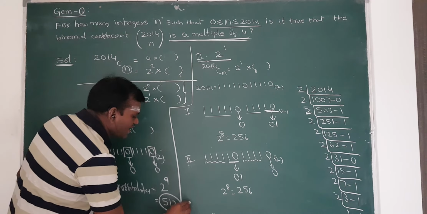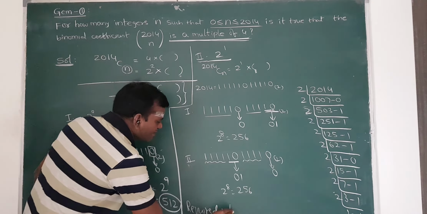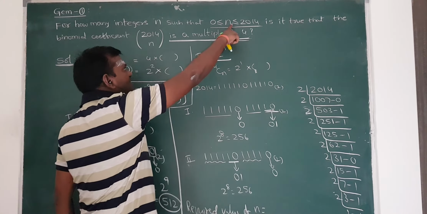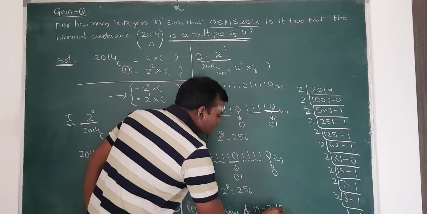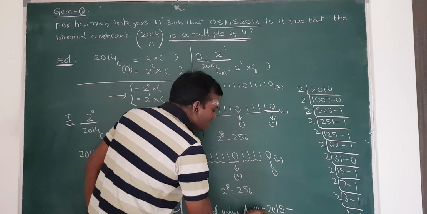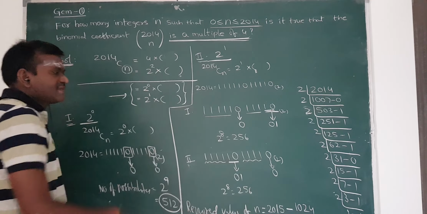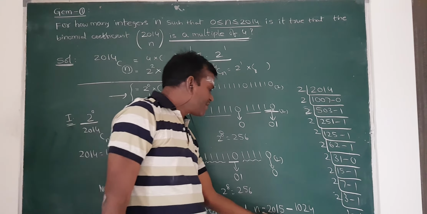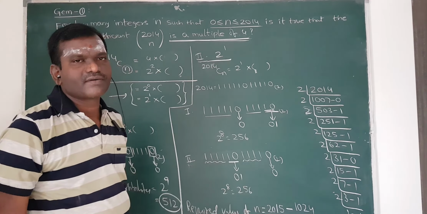So the required value of n is, so total how many values are there? 0 to 2014 means 2015 values are there. 2015 minus 1024. For 1024 values of n, that is not a multiple of 4. So from the total number of values, I subtracted the n values which are not a multiple of 4.